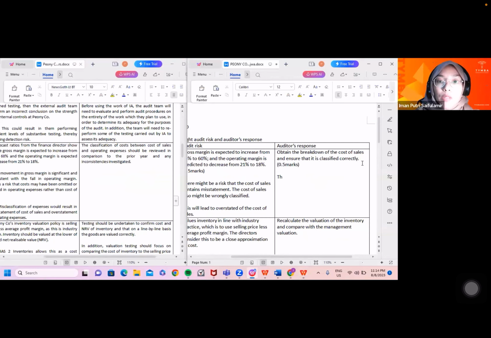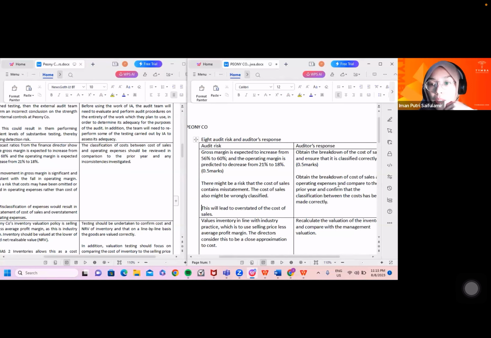Maybe you can obtain the breakdown of cost of sales and operating expenses, compare to the prior year, and confirm that the classification between the costs has been made correctly. Comparing to the prior year is optional. We can confirm that the classification has been made correctly.